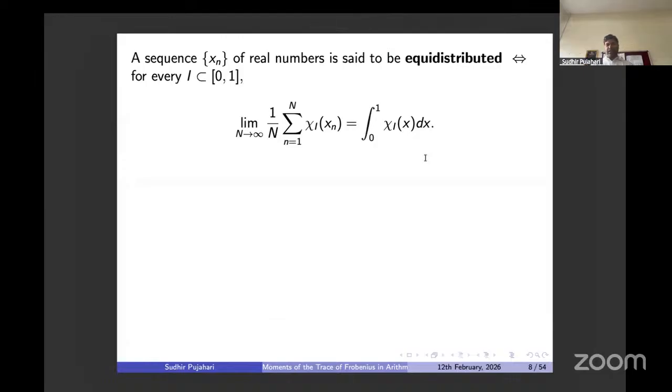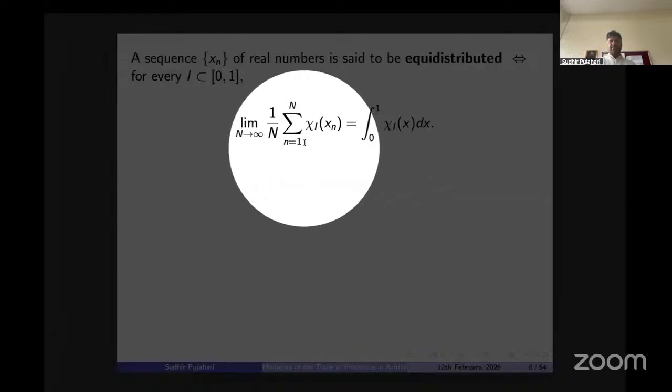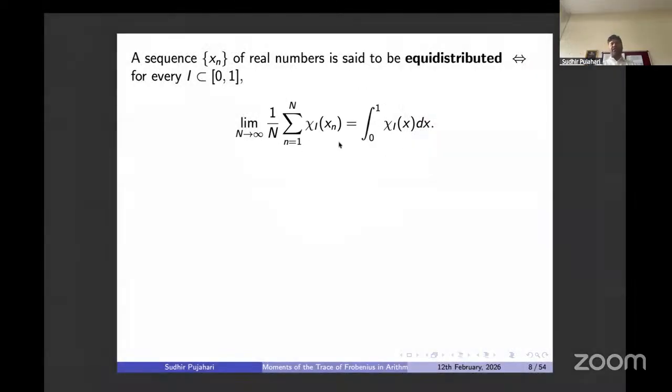Because counting is a hard thing, we all know, what we do is rewrite the definition so that the numerator, what we are counting, can be written as the sum of χ(x_n), where χ is the characteristic function.